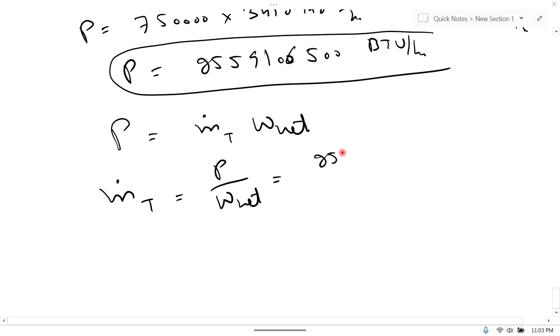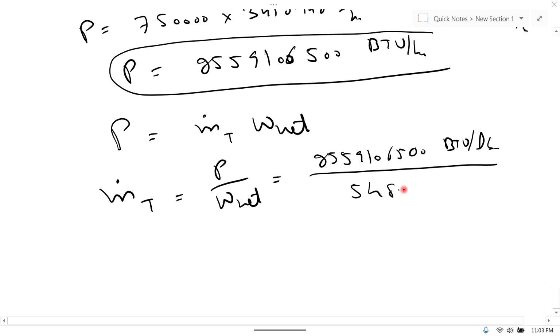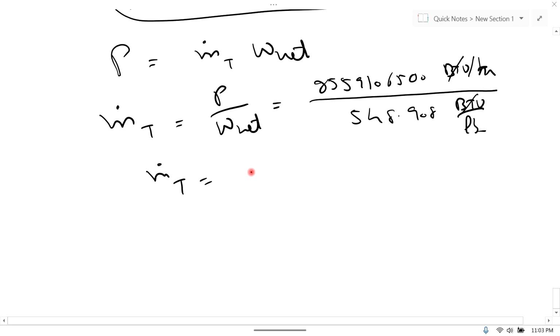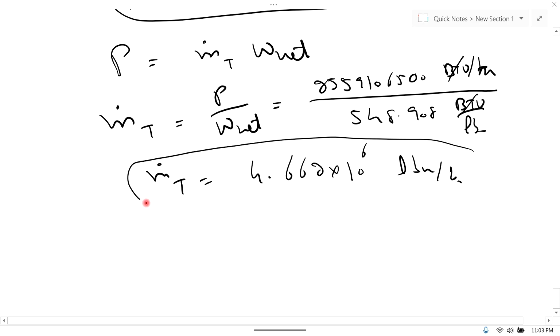Power is 2559106500 BTU per hour, and net work is 548.908 BTU per pound mass. So BTU will cancel with BTU, and m dot T will be equal to 4.662 multiplied by 10 power 6 pound mass per hour. So this is the answer of part A.